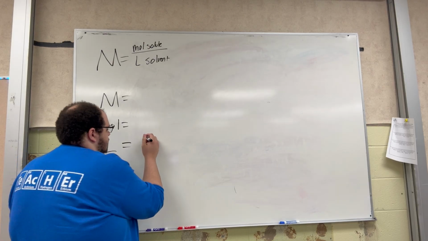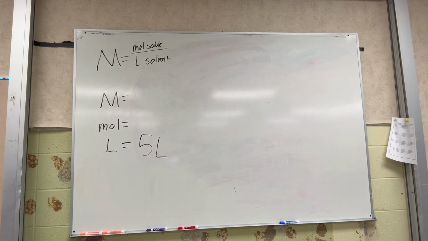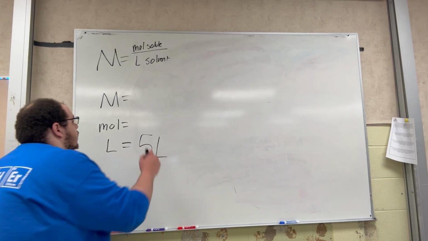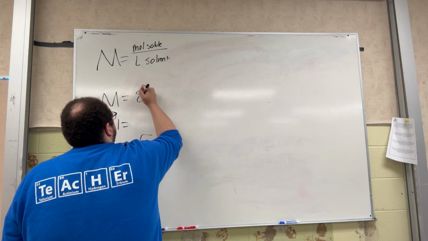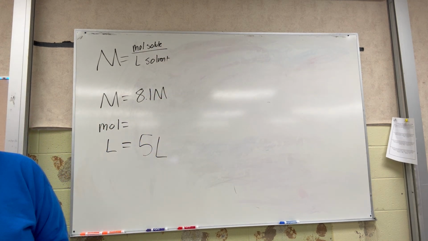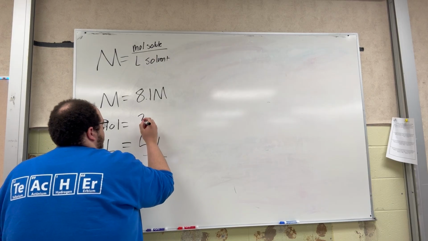Liters of solvent goes with liters of solvent. Second given: 8.1 molar. Do not get molars and moles confused. Molar and moles are two very different things. That means I'm solving for moles here. Do we all agree? The problem even says how many moles.